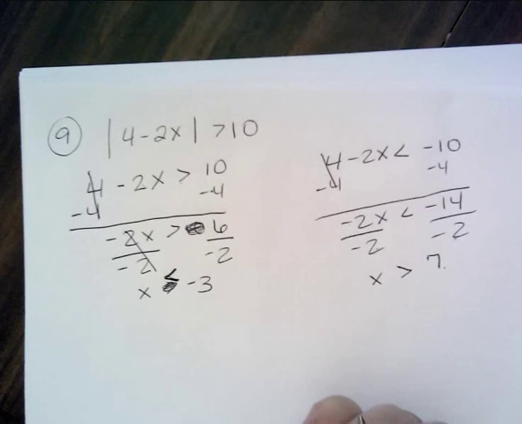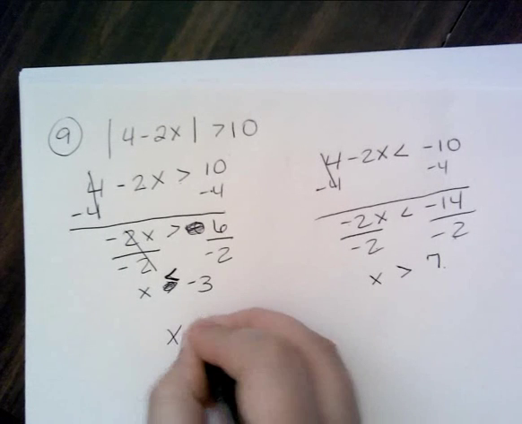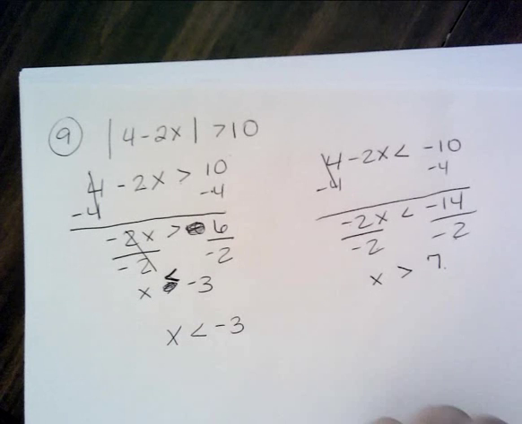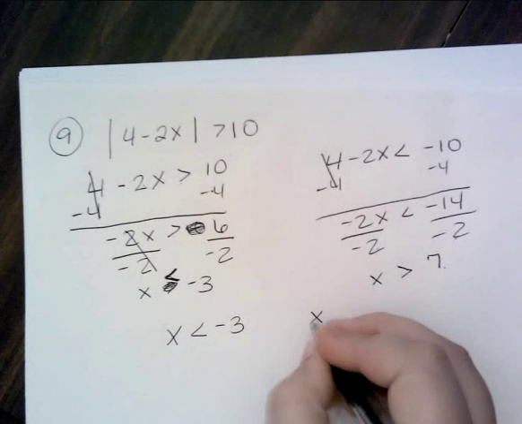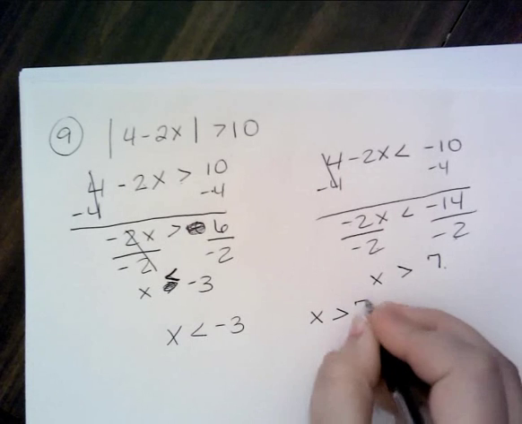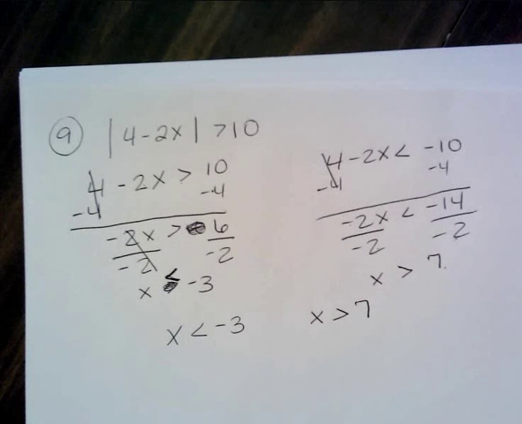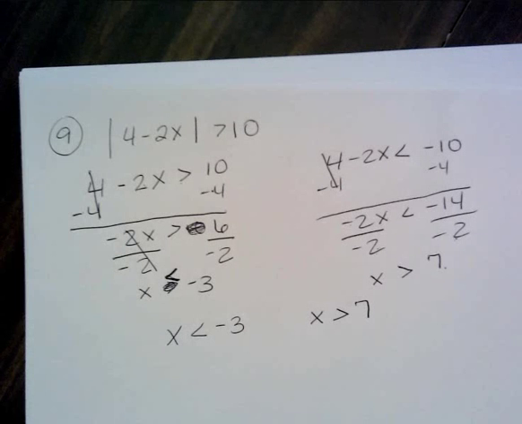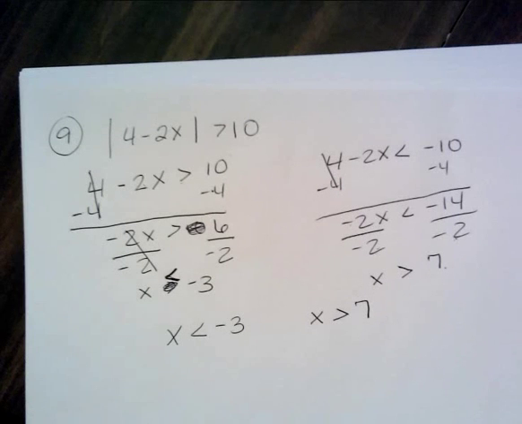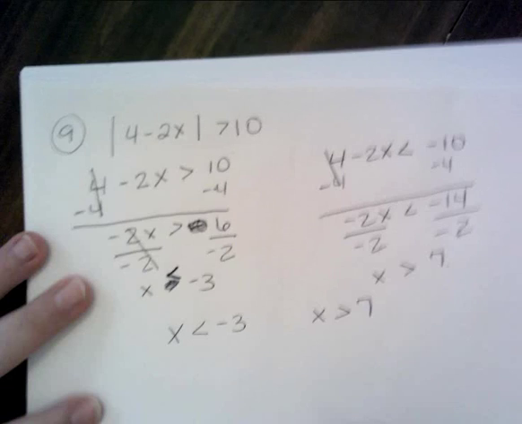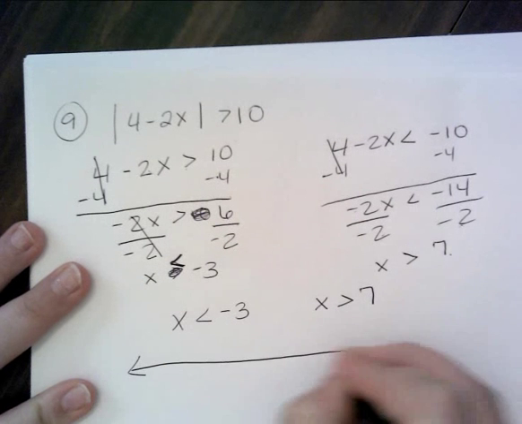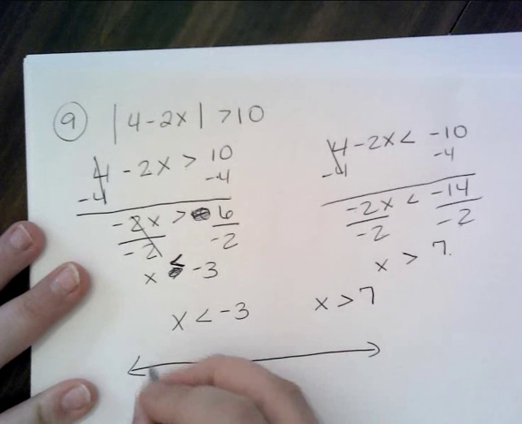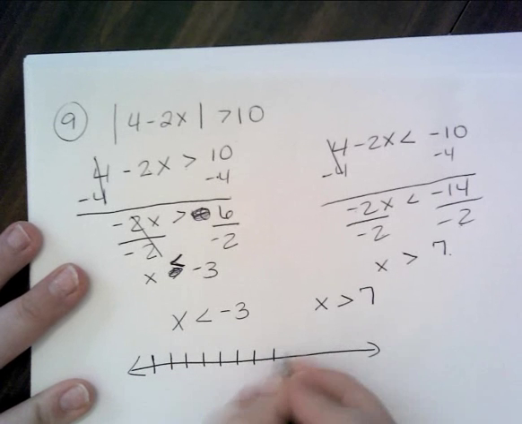So this is saying that x is less than negative 3 and x is greater than 7. Okay? So this one is a little bit trickier. Here, your graph would look like this. So x is less than negative 3.